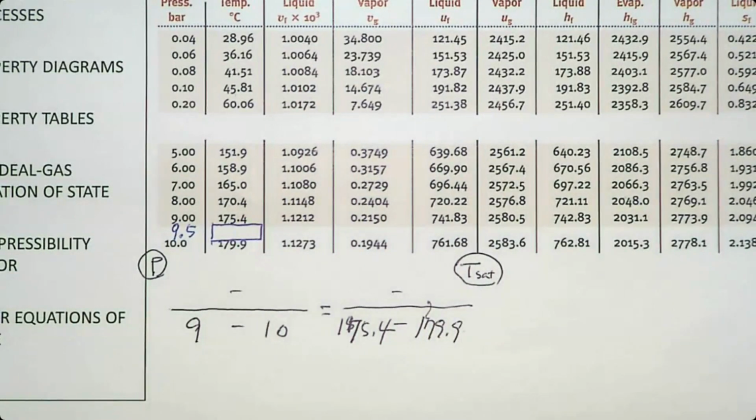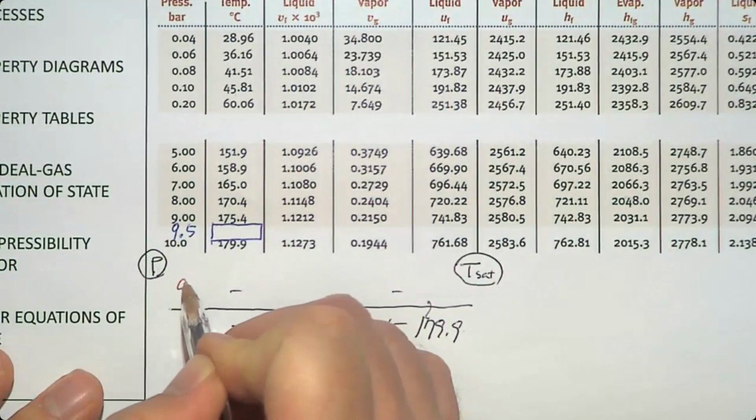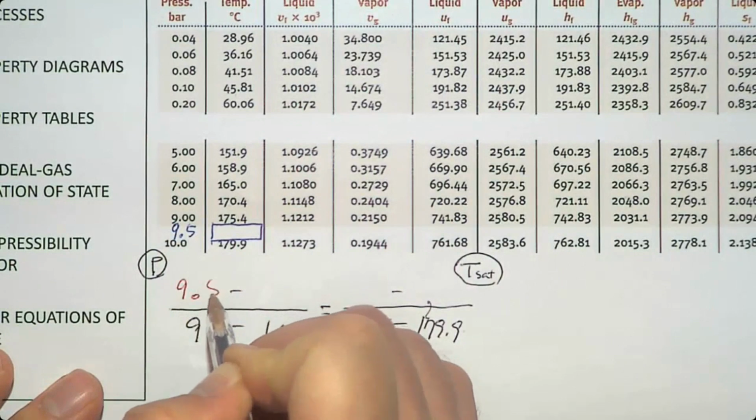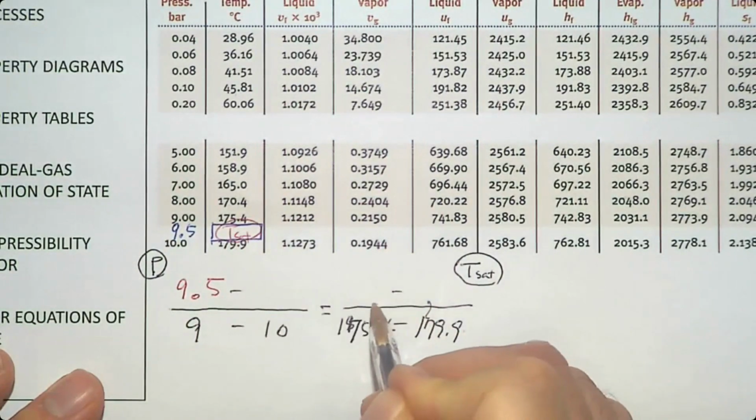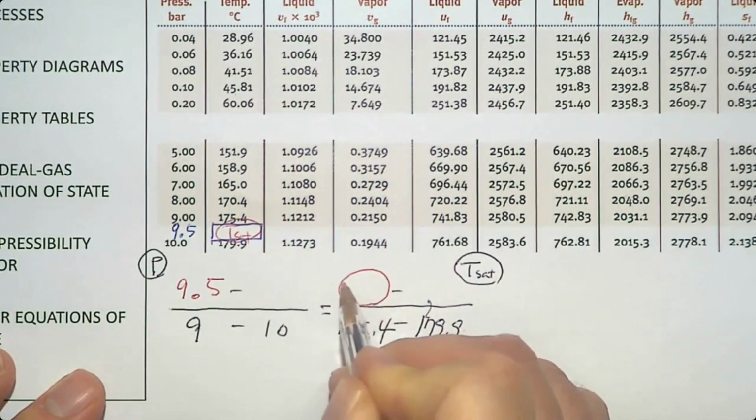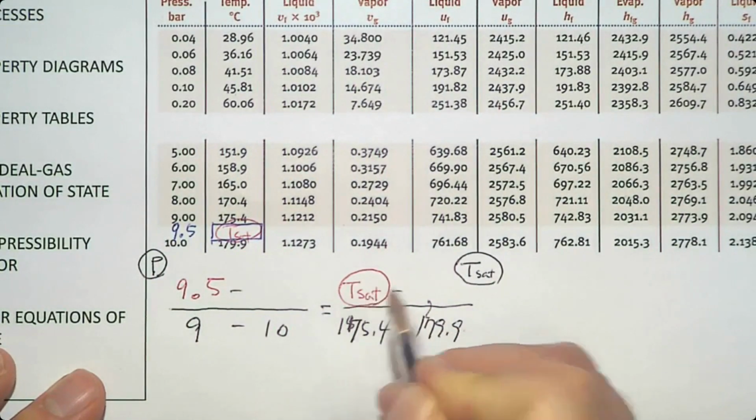Then what is the pressure of your system? 9.5. So you're going to write 9.5 where? Left or right? Doesn't matter. I'm going to write here, top left corner, 9.5. Then the unknown T sat is going to be top left corner on the right-hand side.